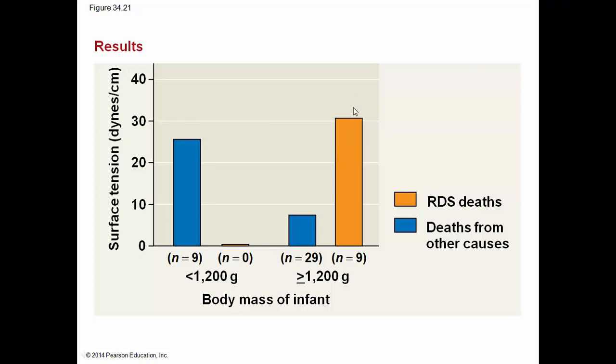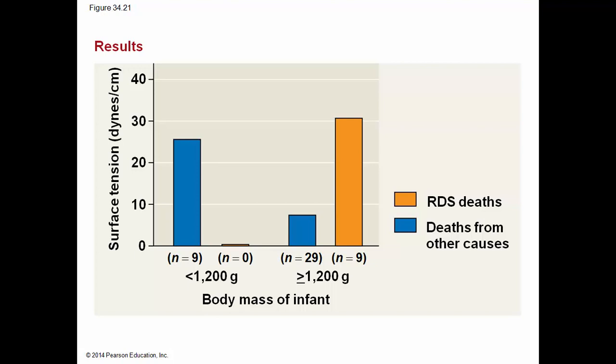So this person, Mary Ellen Avery, was a research fellow at Harvard University. She hypothesized that a lack of surfactant caused respiratory distress syndrome in preterm infants. To test this idea, she obtained autopsy samples of lungs from infants that had died of RDS or from other causes, and she extracted material from the samples and let it form a film on the water.